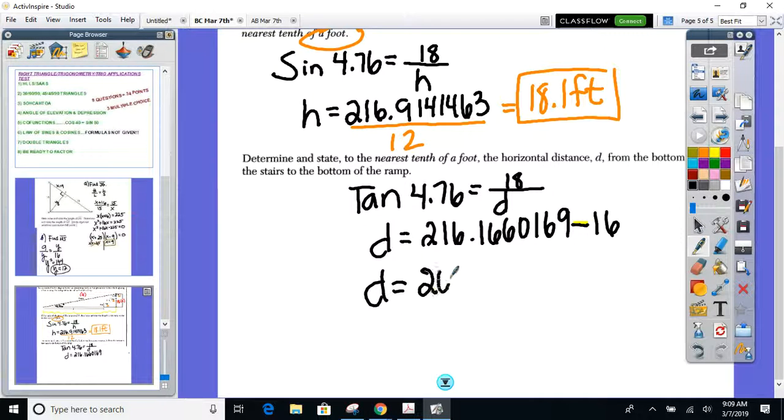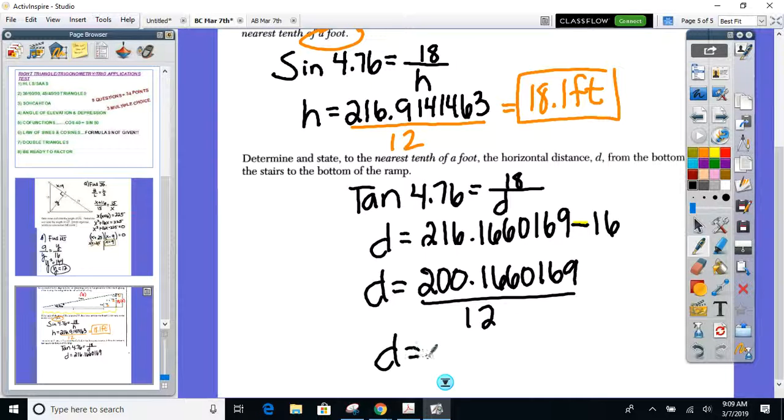So 200.1660169. Now you can divide that by 12 and round to the nearest tenth of a foot. 16.7 feet. Whew.